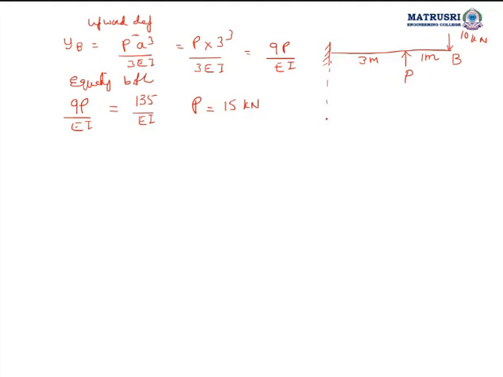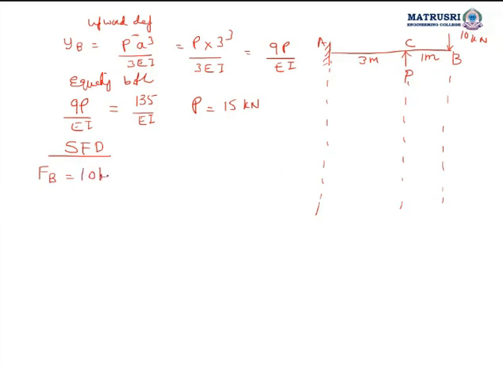Once you got the P value of 15 kilonewton, then now the same procedure that we have studied earlier. This is C, this is A. First we will go for the shear force diagram. F of B is equal to 10 kilonewton. So downward means positive here.